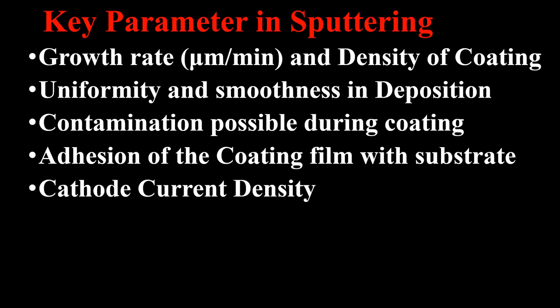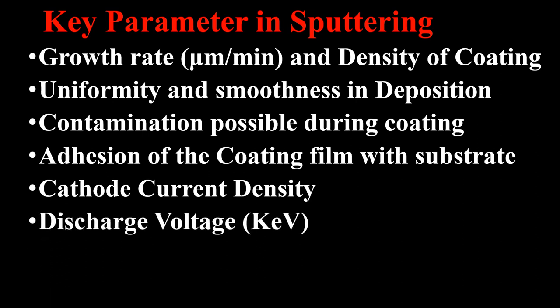The next key parameter in the sputtering apparatus is the cathode current density, okay? We have to consider the cathode current density in order to ionize our inert gas in the vacuum chamber or the sputtering chamber.